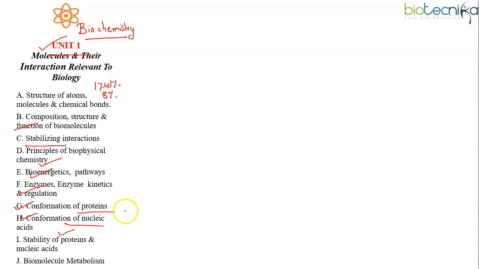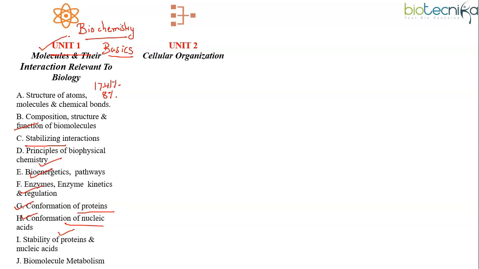And also, without the knowledge of the biomolecules, their structure, their composition, their function, how are you going to understand the techniques that are involved behind it? So skipping this unit is a big blunder. So always begin your preparation with Unit 1, and there is a reason this unit is kept first in the syllabus, because it is all about basics. So it is a must for you to study Unit 1.